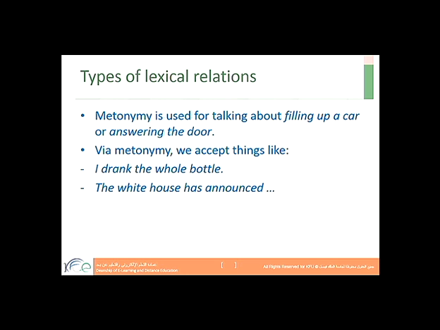No one would say that the White House will speak, since it's an inanimate object. But we know that someone from the White House has announced something.